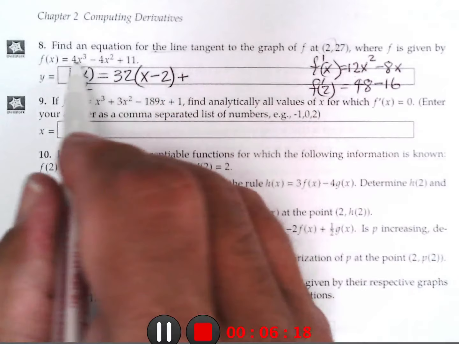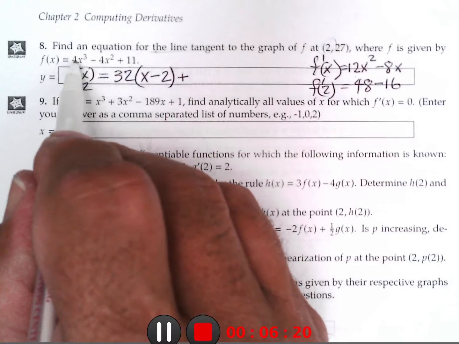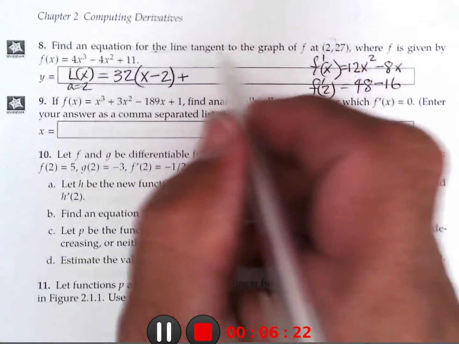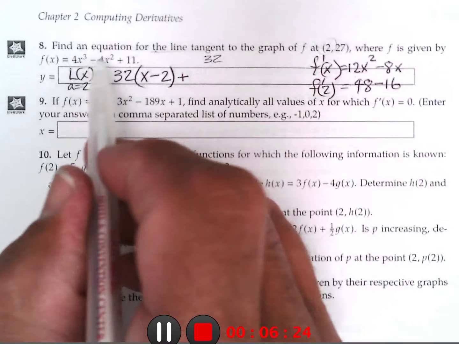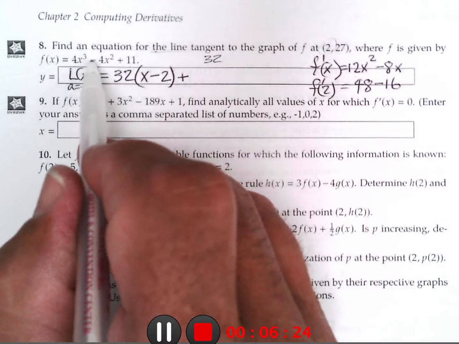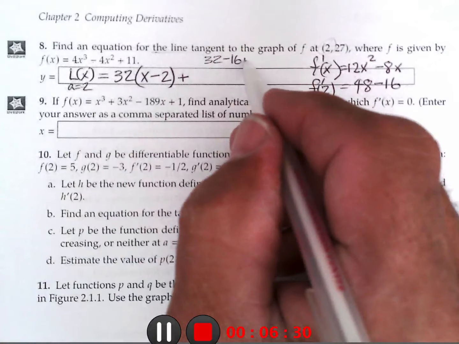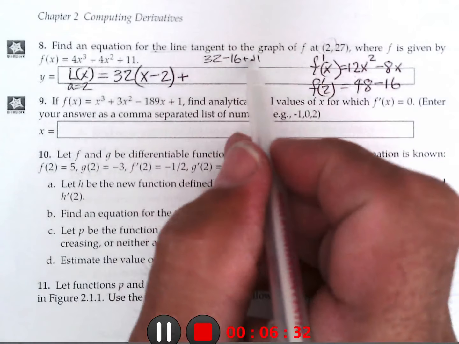So that would be 8 times 4, 32, minus 4 times 4 is 16, plus 11, so that's 27.